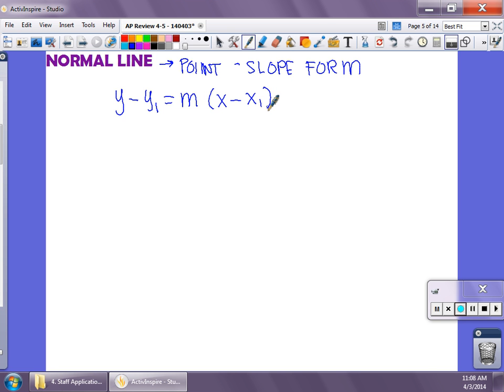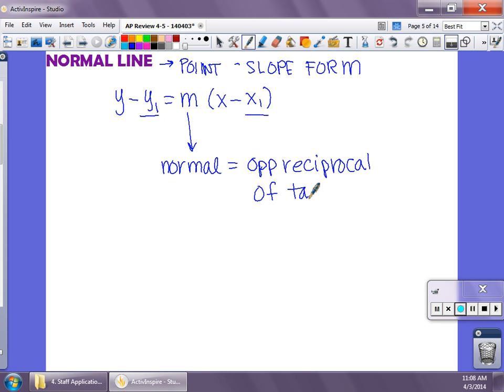What's the difference between a tangent and a normal? These will stay the same. Your point's still the same. Your slope, your normal slope is opposite, reciprocal of the tangent slope.